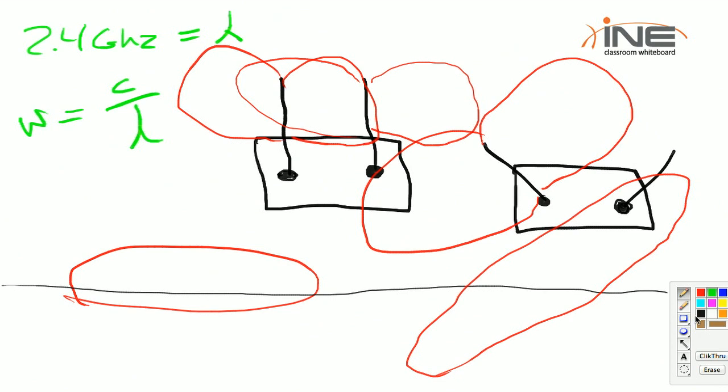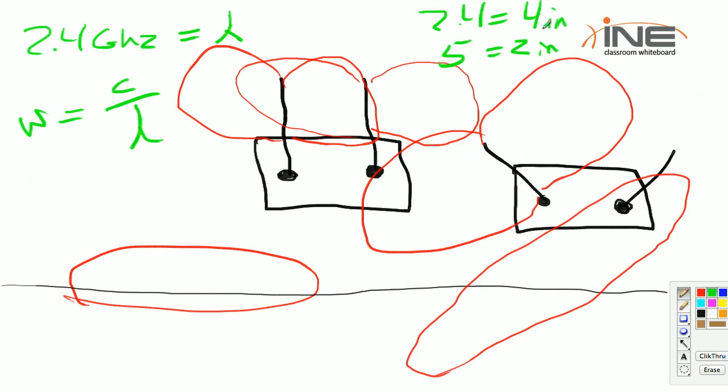More importantly, and much more importantly, just about 2 times the wavelength. So 2.4 gigahertz frequency, I believe, is roughly like 4 point something inches. Let's just say 4 inches. So if I have a 5 gigahertz frequency, that's going to be about 2 inches. Okay, the wavelength decreases as the frequency increases.